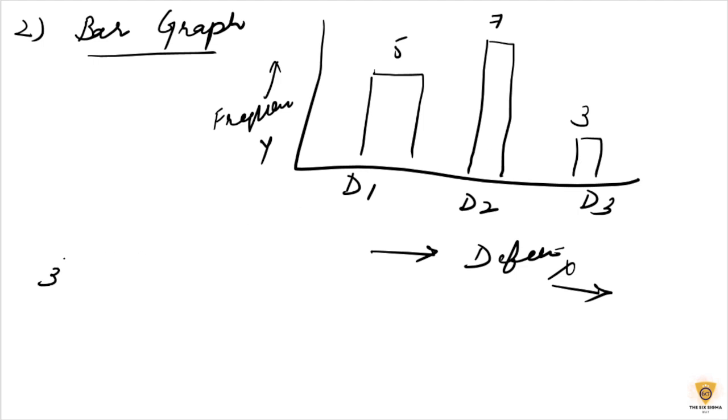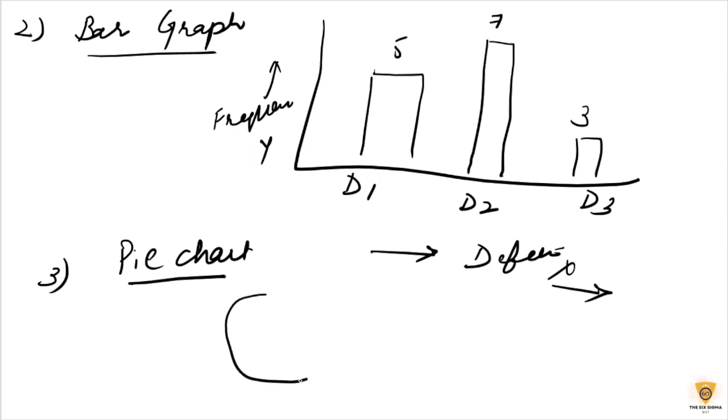The third one being pie chart. So pie chart is like a distribution. If we go ahead and make it here, right? So this is this shaded, this is this, and this is like this, right?